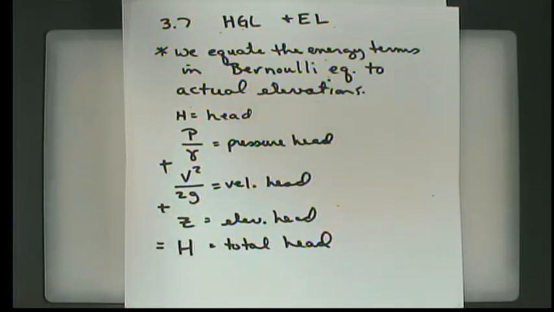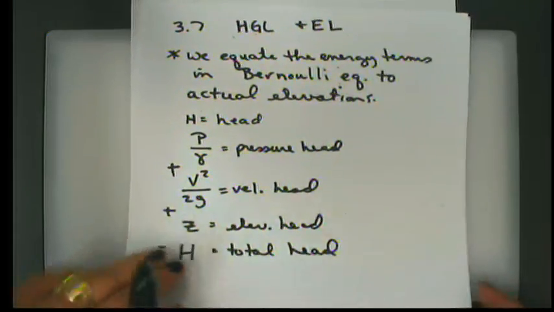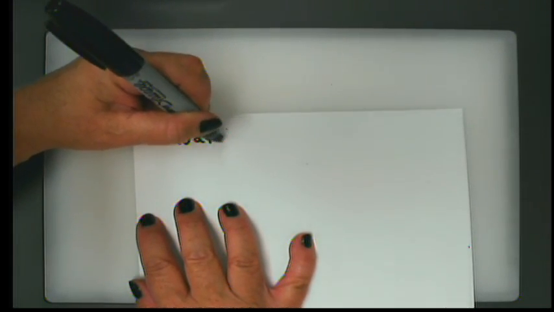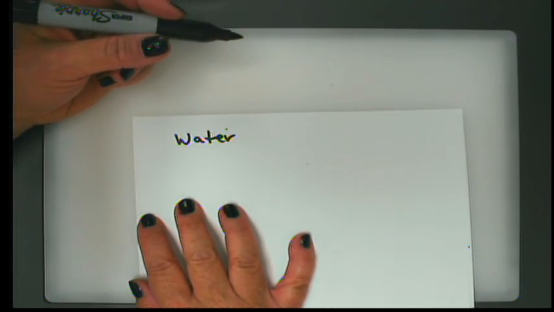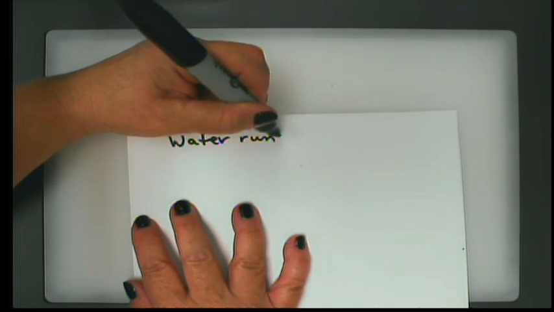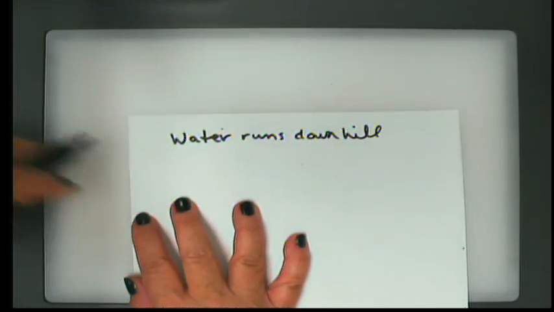So when we work with this idea, if you think about it in terms of an elevation, here's a simple statement that has far-reaching ramifications. Water runs downhill, or water seeks its own level.